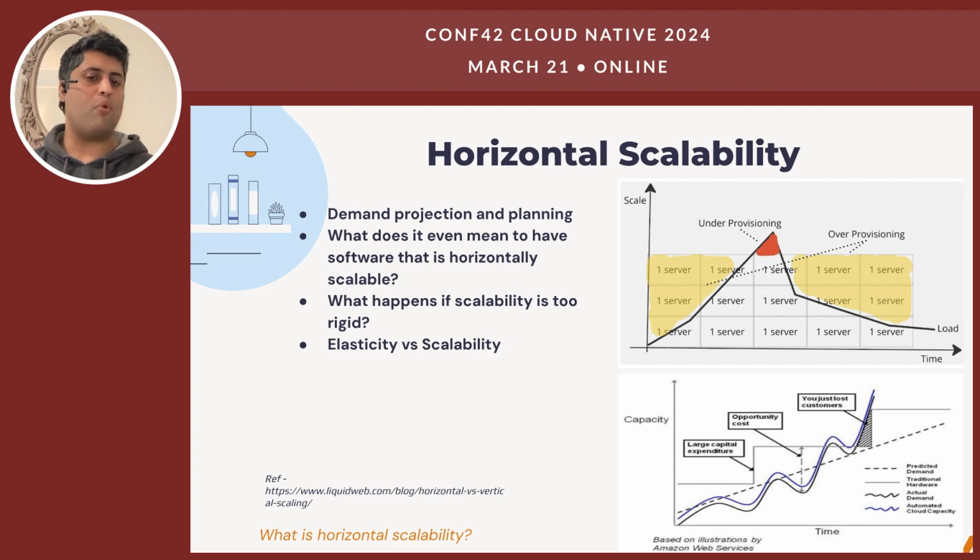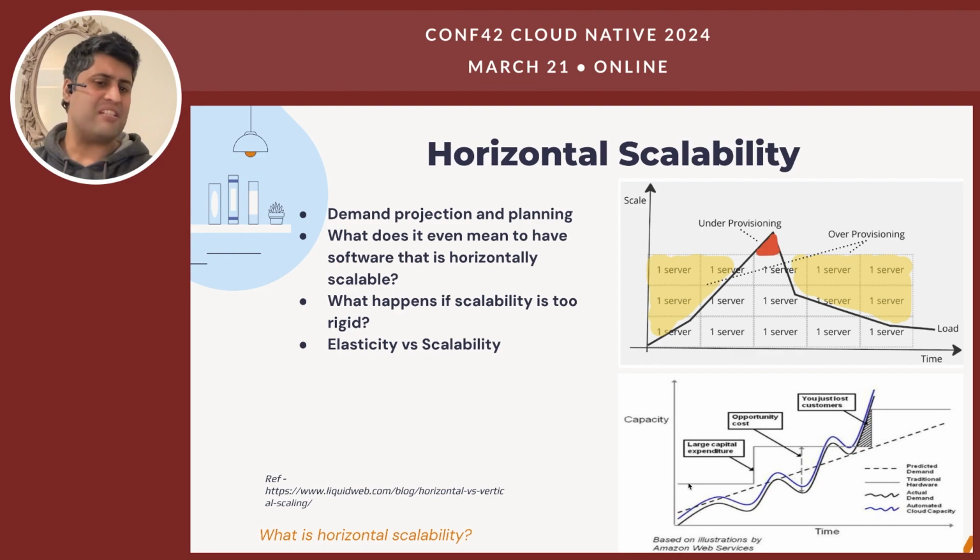You need to have someone to monitor the utilization before a new server is added, and that's the problem that horizontal scalability might have. At the bottom, I have something that I found online, and I try to give attribution wherever possible. If this is how your demand is going to increase, the blue line is how you want your servers to be provisioned.